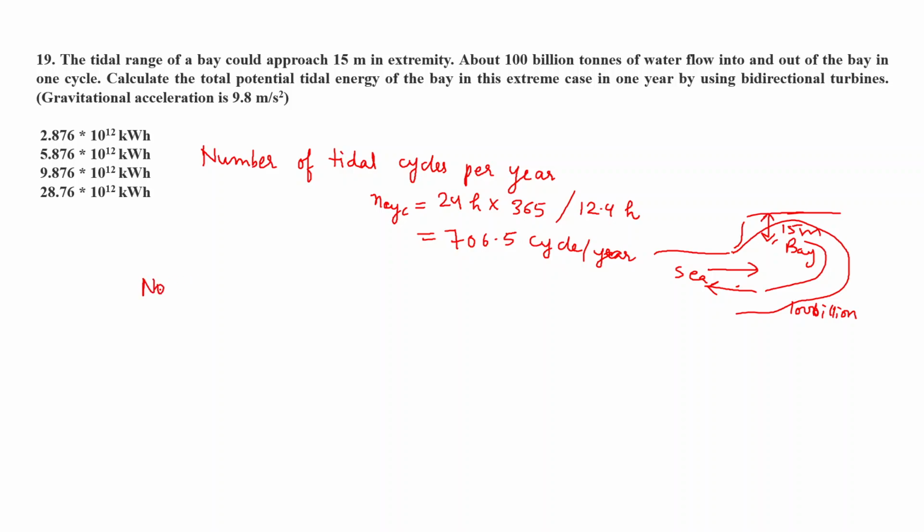So the number of times for tides to drive the turbine: in a single cycle, the turbine is driven twice, once in and once out. So it will be two times NCYC. So this N is 2 into 706.5, which comes to be 1413.